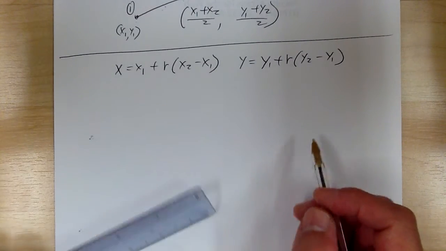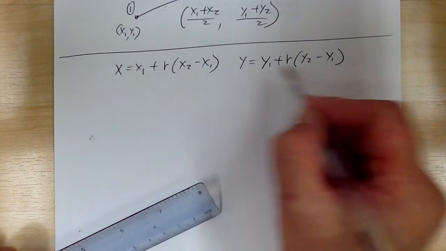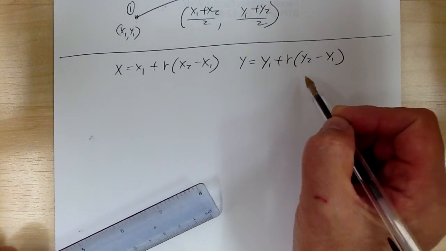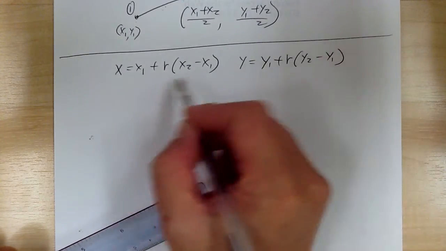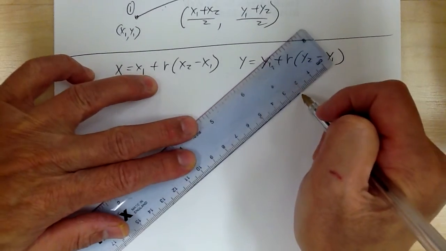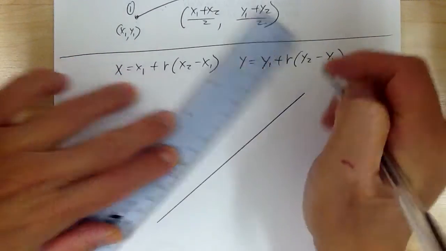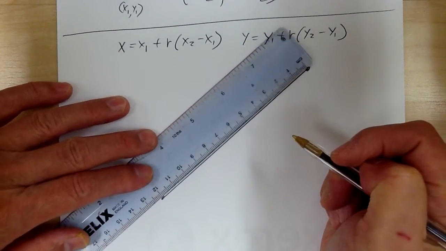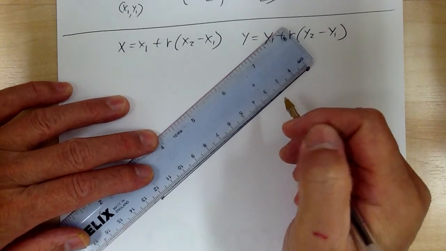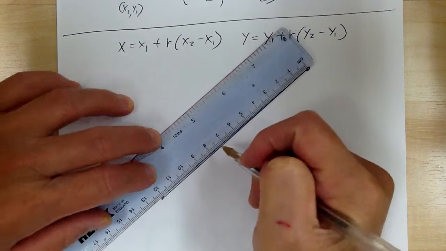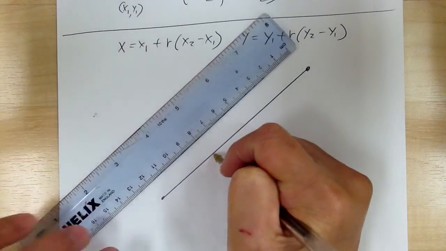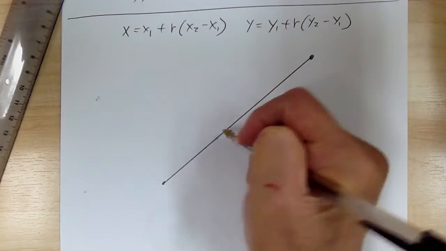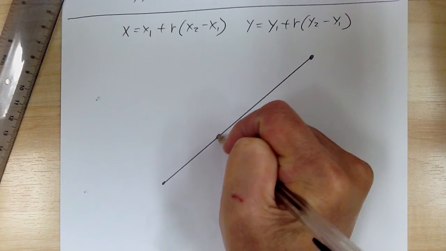Now, the r is a ratio, what fraction of the line segment you want to place that point. And instead of trying to memorize the equation by rote memory, it's better to understand the equation. So let's say you have a segment right over here, and you want to divide this into 3. So you want to get the 1/3 point.